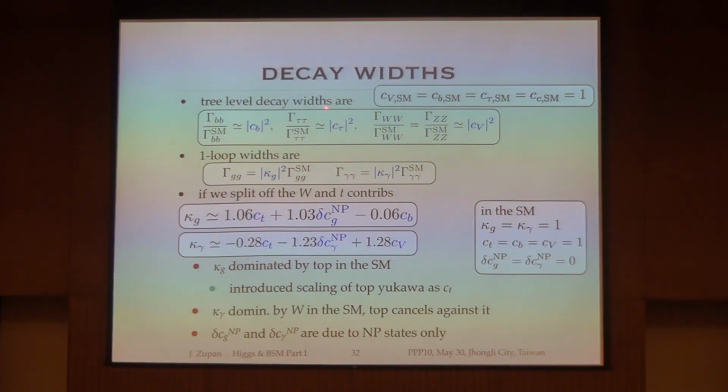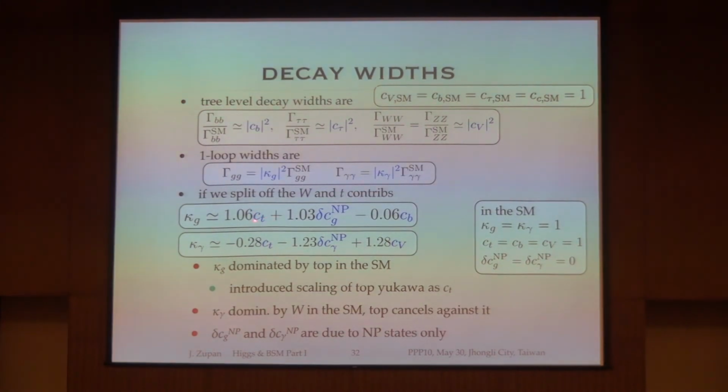The tree-level decay widths are now normalized to the standard model, where they're just proportional to the effective coupling squared. So if you have a deviation in Higgs to b bbar, you will change the decay width by C_b squared. Now the one-loop widths are called kappa G. If you look at the Higgs to gluons, the dominant piece is coming from the top.